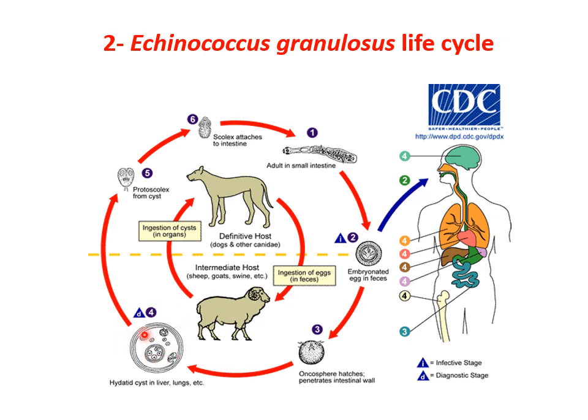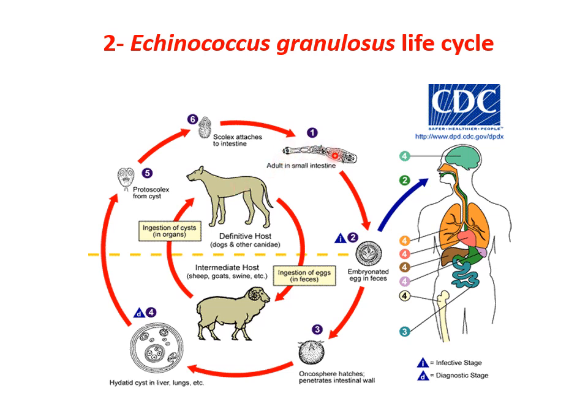Whenever the dog eats contaminated meat from the sheep, goat, or swine that has hydatid cysts with protoscolices inside them, the protoscolices from the cyst will protrude and exit.